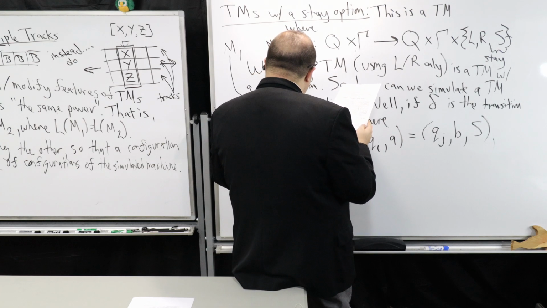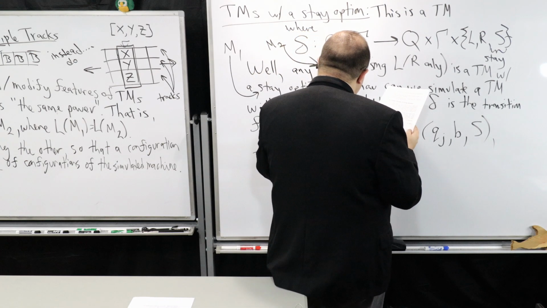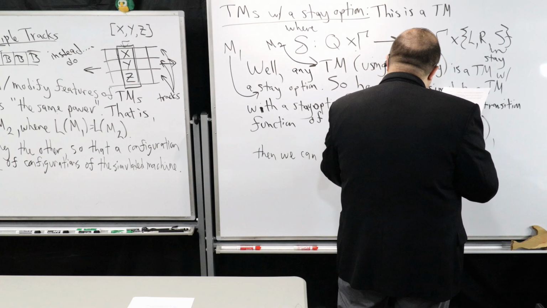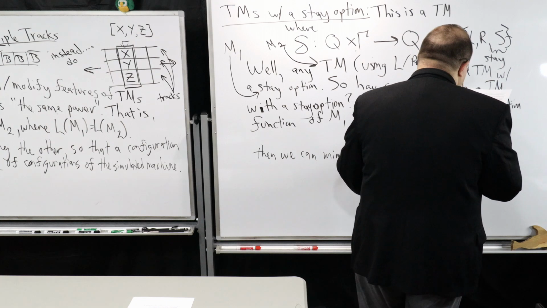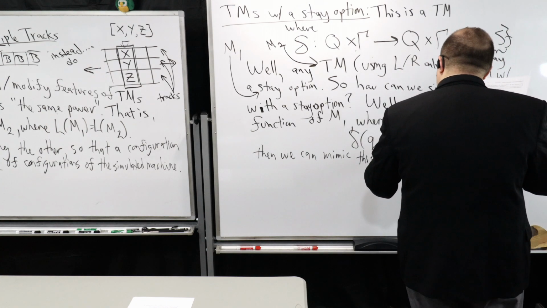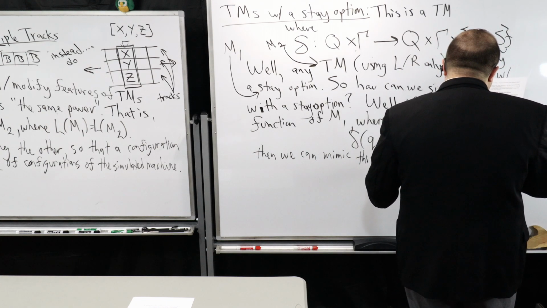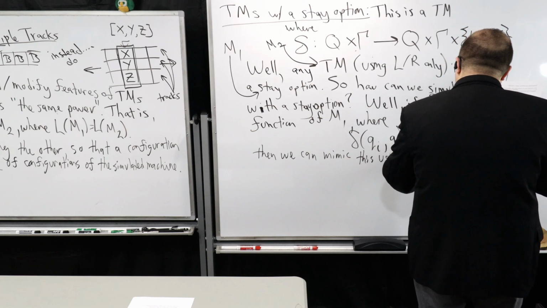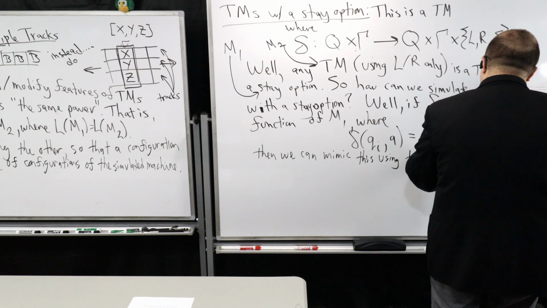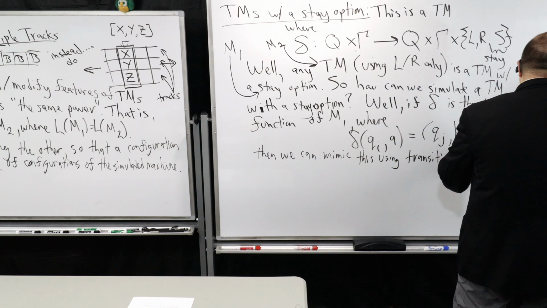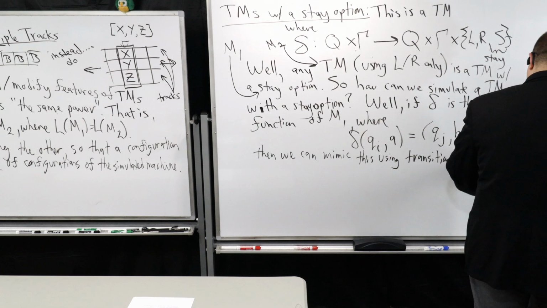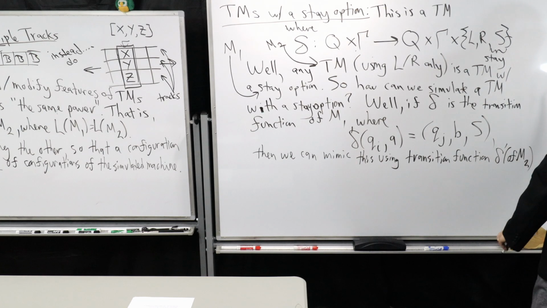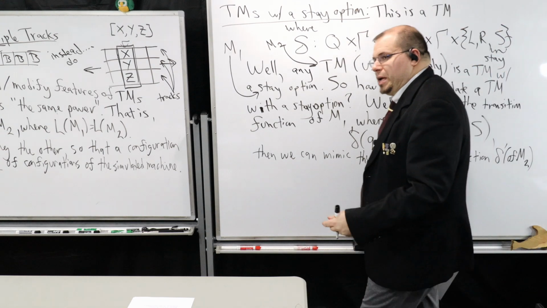Then we can mimic this by using transition function delta prime of M2. So delta prime is going to be the one that we're building.